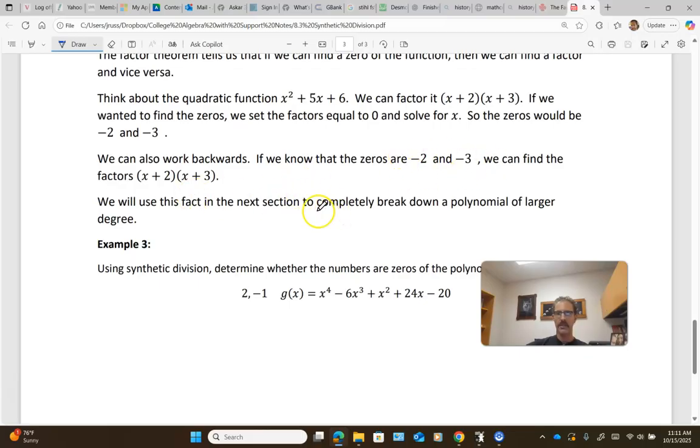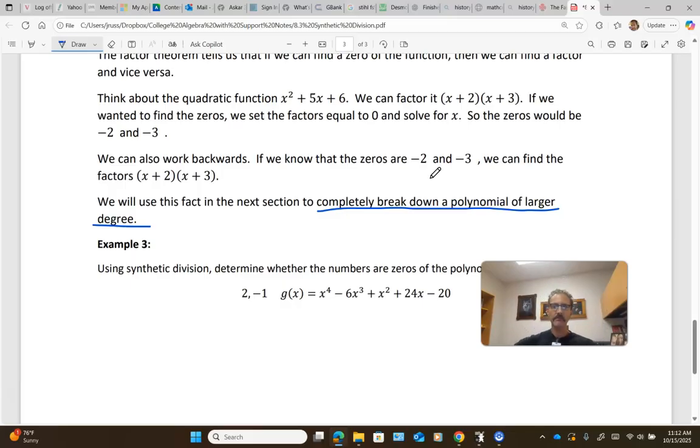And in the next section, we're actually going to use that fact. We're going to be given the zeros of some polynomial, and we're going to have to construct the polynomial. Similar to the way I just did in Desmos, you start off by finding the corresponding factors, and once you know the factors, you can multiply those together, and that'll give you the polynomial in standard form.